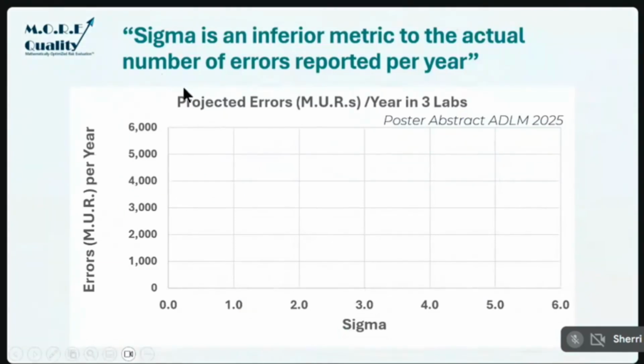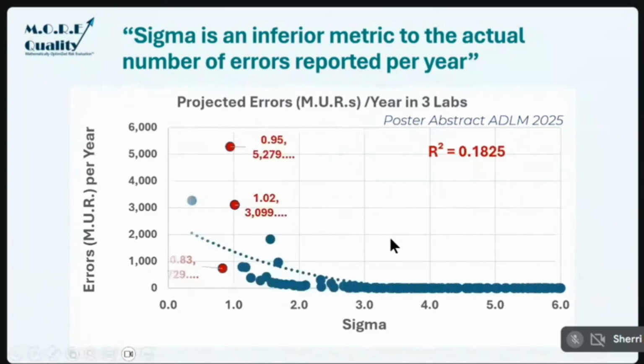If you were here last month, you saw this, that sigma, in fact, is an inferior metric to the actual number of errors reported each year. Sigma does not take into account the number of patients that you measure every day. Sigma is reported in errors per million.